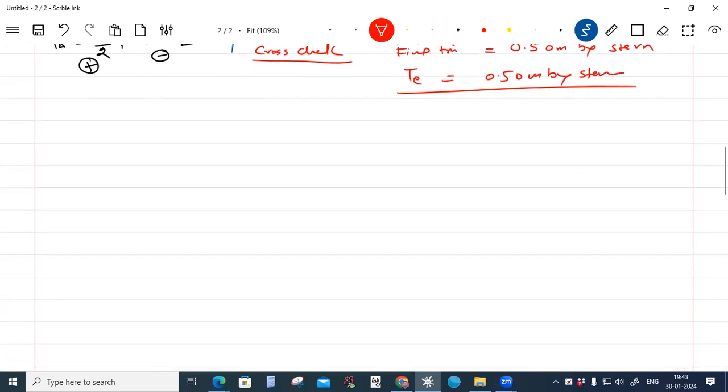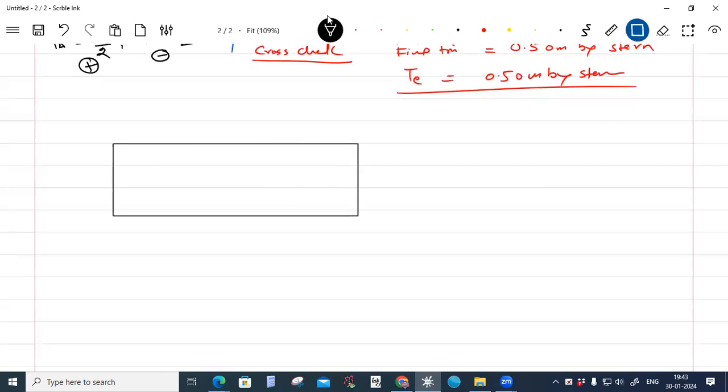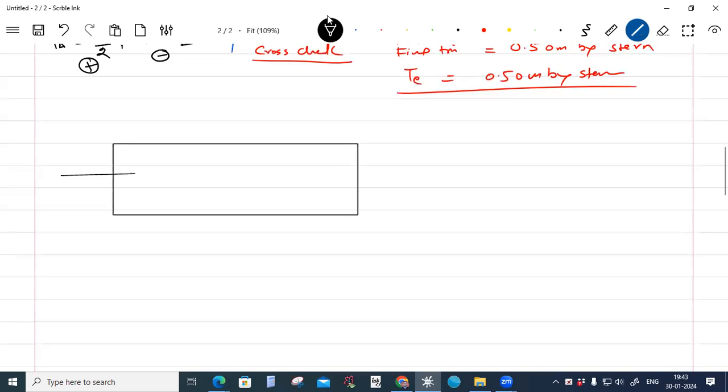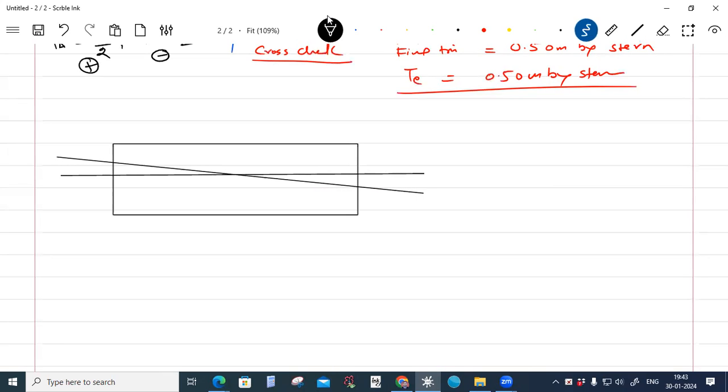Now let's understand the basics. Suppose your ship is a box shaped vessel, and this box shaped vessel is trimming against some line like this. First of all, this box shaped vessel will have the center of flotation exactly at mid length.